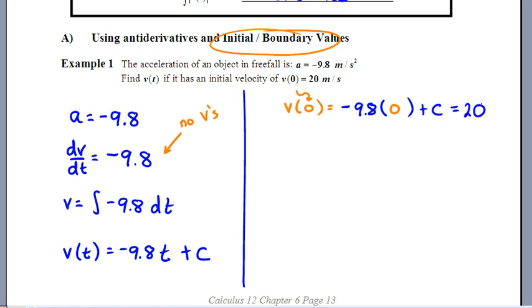That's required. This is going to unfold pretty quick. It looks like 0 plus c is equal to 20. So the missing constant c needs to be 20. Here's my final answer: the velocity at any time for this object is negative 9.8 t plus 20.